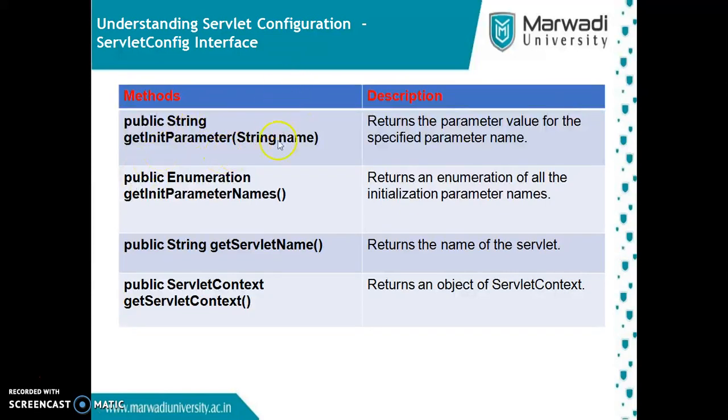On your screen there are a few methods of the ServletConfig interface. The first method, getInitParameter, accepts one string argument. Basically it returns the value for the given parameter name.